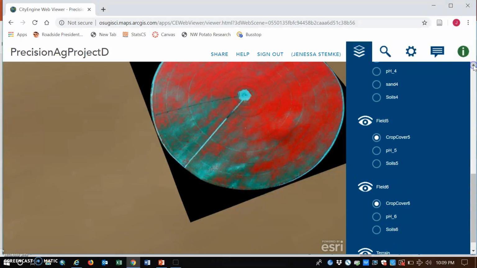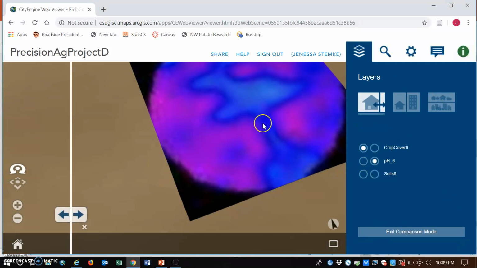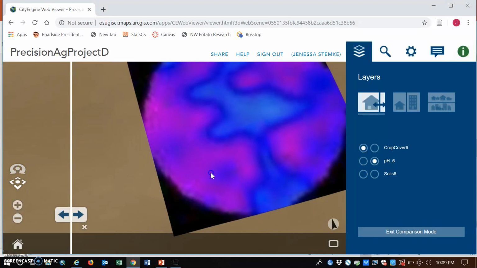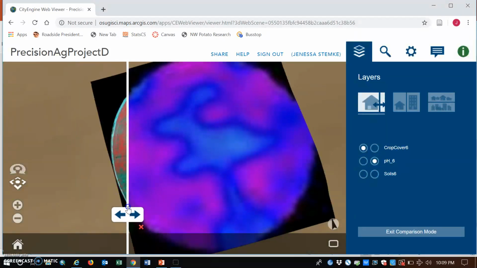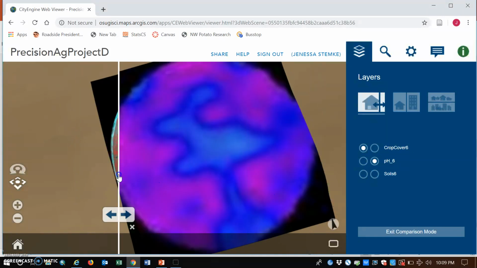Now let's look at pH. It matches up also pretty well.